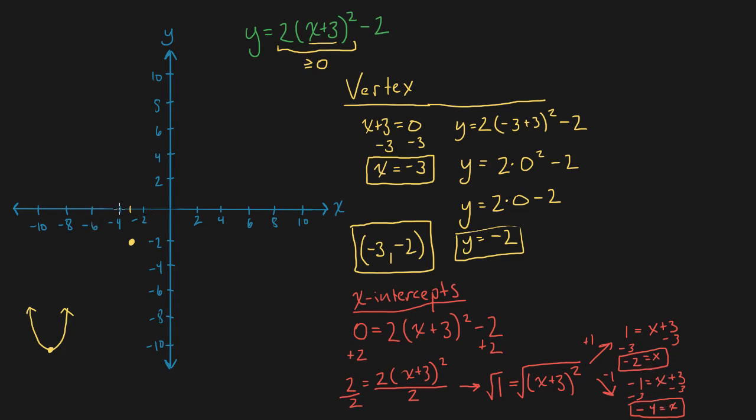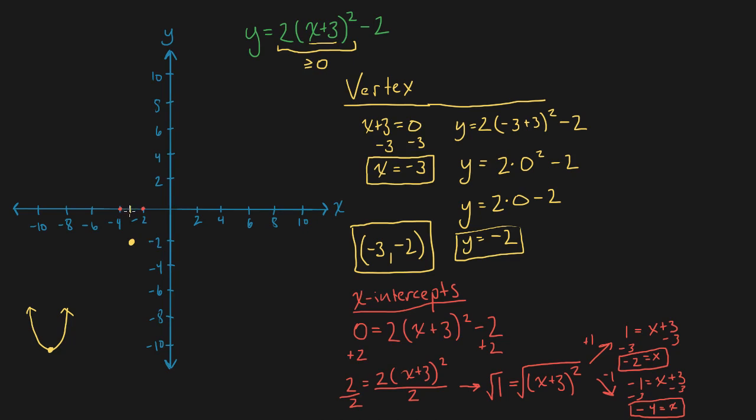So I'll plot those over here on my x-axis. And one thing that you should notice here, or that we can notice, is that these x-intercepts are equidistant from the x-value of our vertex.